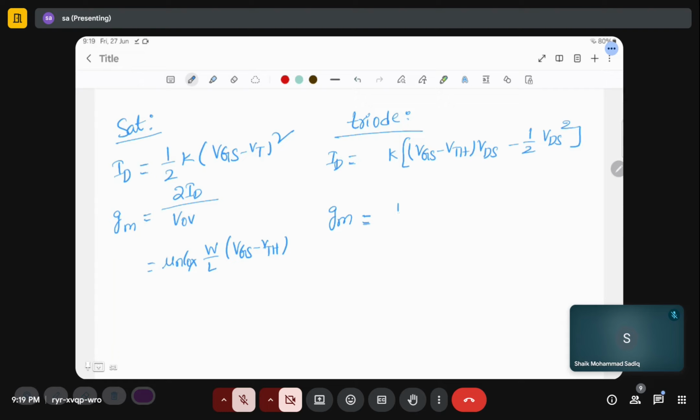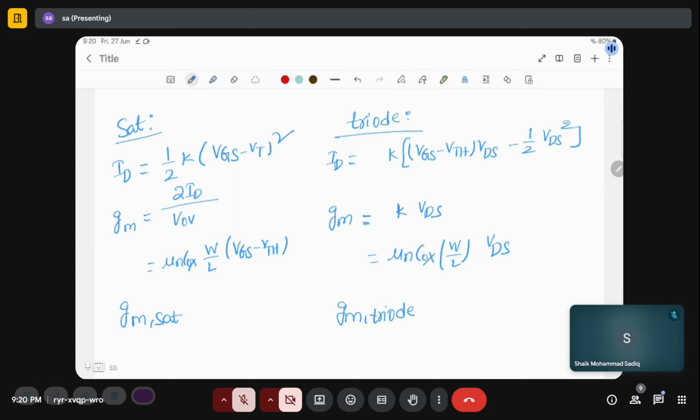Yes. gm is K times VDS, that is mu n Cox W by L into VDS. This is gm in saturation, and this is gm in triode.